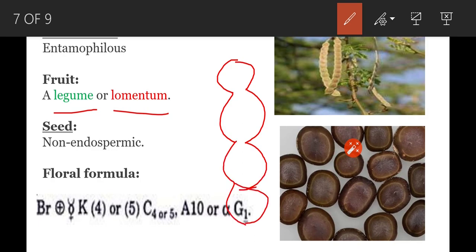They can be separated as single seeded bits, one seeded bits. In legume, we cannot separate one seeded bits, but in lomentum, we can separate one seeded bits. Okay, this is about fruit. Next one, seed, non-endospermic seed. These all are seeds of Acacia nilotica. This is fruit. Okay. Next, floral formula.